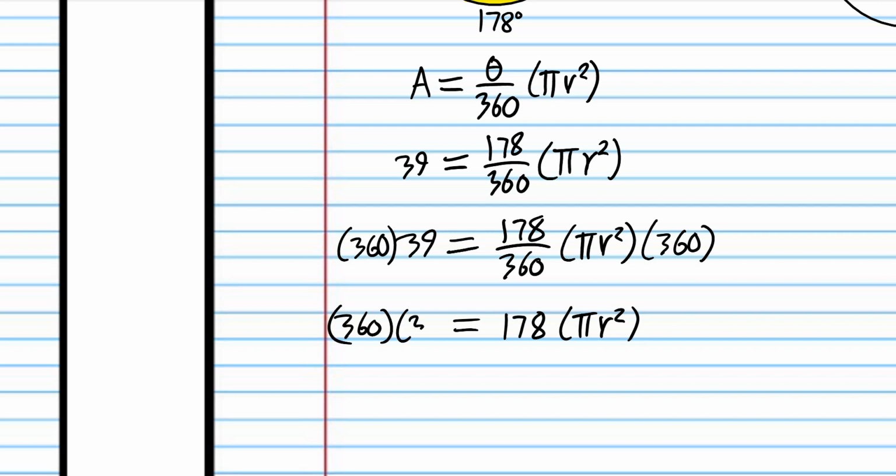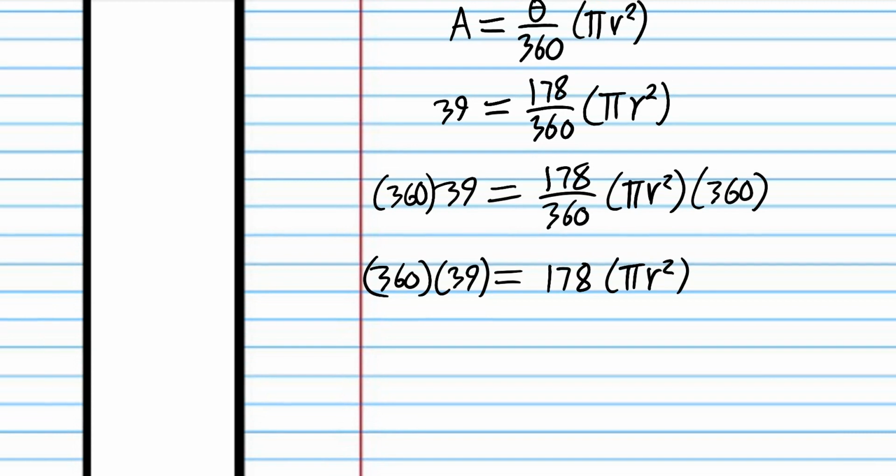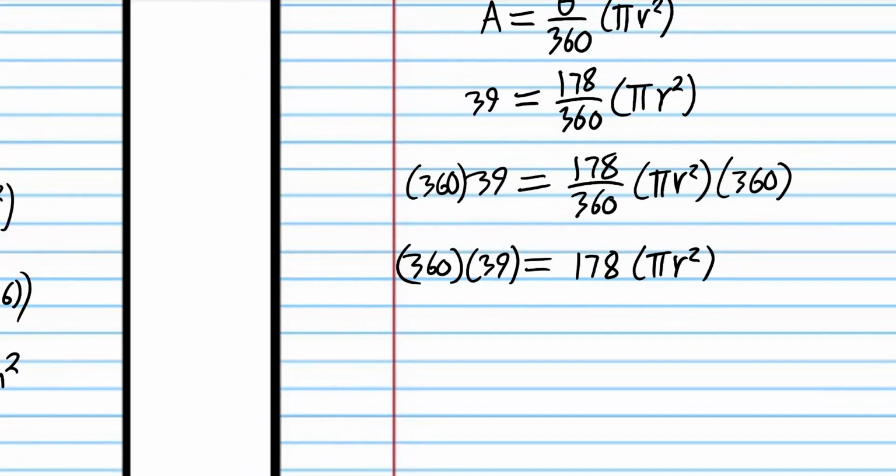So the first step is to get rid of the 360, the fraction. And remember, whenever you have an equation with fractions, you always multiply by the lowest common denominator. And the lowest common denominator is obviously 360 because there is no other denominator except over here. Maybe you could consider that to be 1. The lowest common multiple of 360 and 1 is 360.